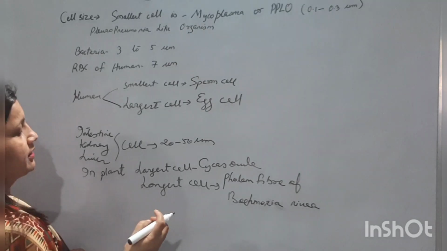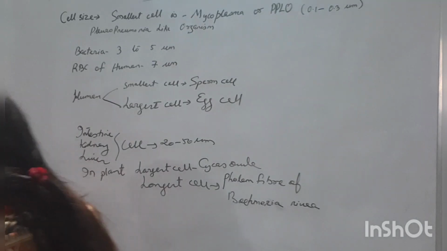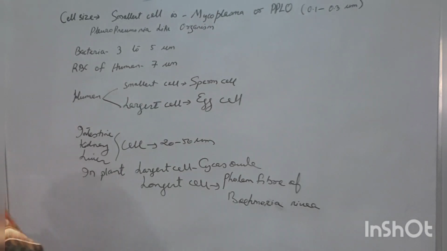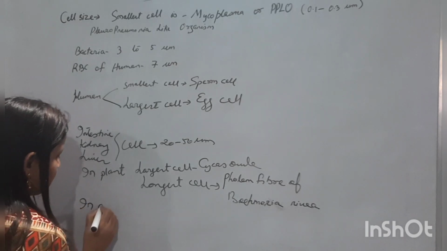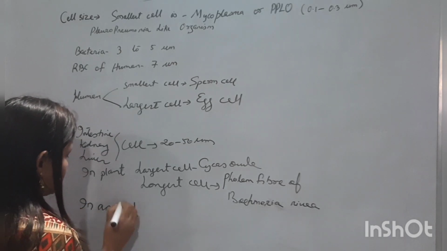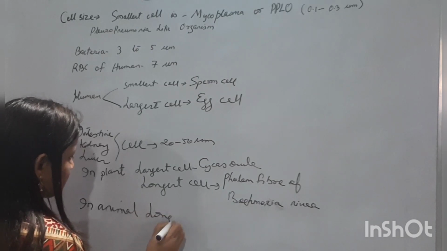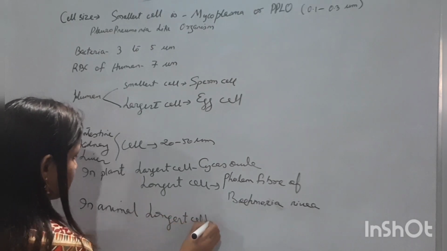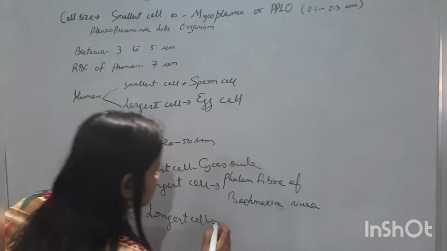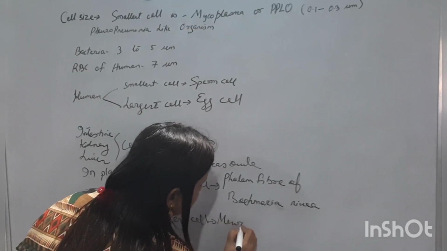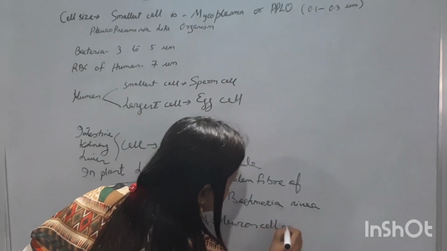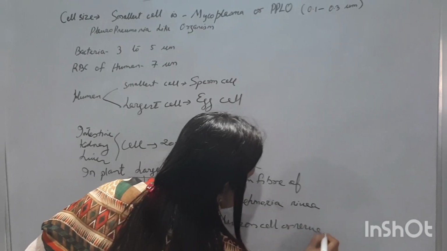Okay. Then neuron cell is the longest cell in case of animals. In animal, longest cell is neuron cell or nerve cell.